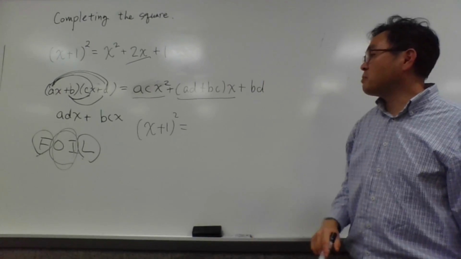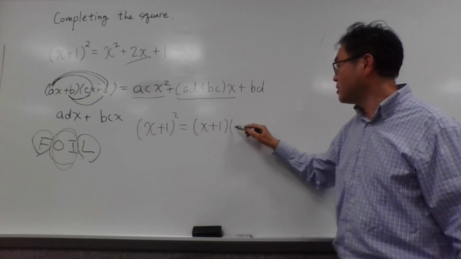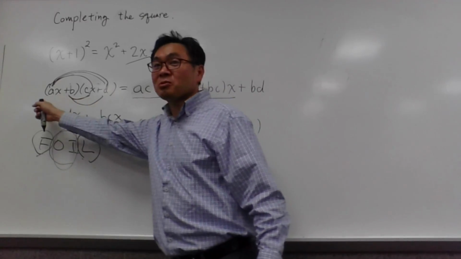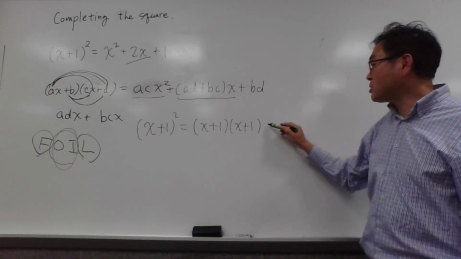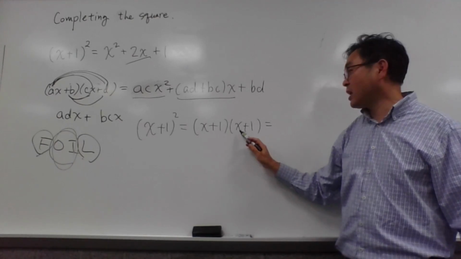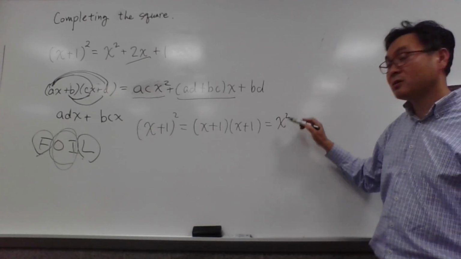So if you go back to this question, you can explain why you get the 2x from here. X plus 1 squared means you multiply it by itself, right? Then this is indeed a product of two things that look like that. You FOILed it out, right? And what did we just learn? First, x times x gives you x squared.